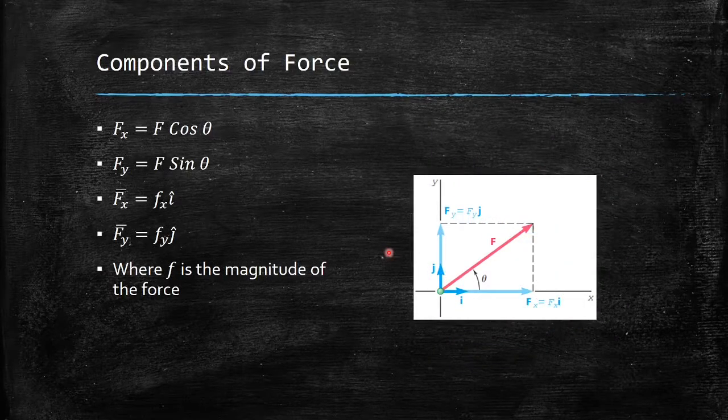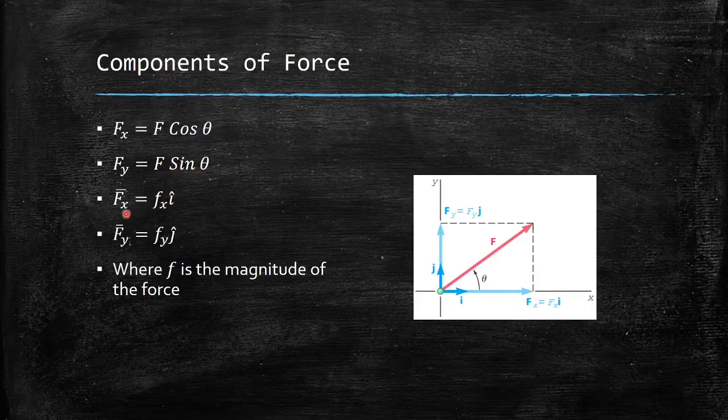Now let us see how to define the forces as components. If F is the force given, Fx is the x component of the force, Fy is the y component of the force, and if the force makes an angle of theta with respect to the positive x-axis, then we can say Fx, the magnitude, is equal to the magnitude of the force times cos theta, and Fy is the magnitude of the force times sin theta.